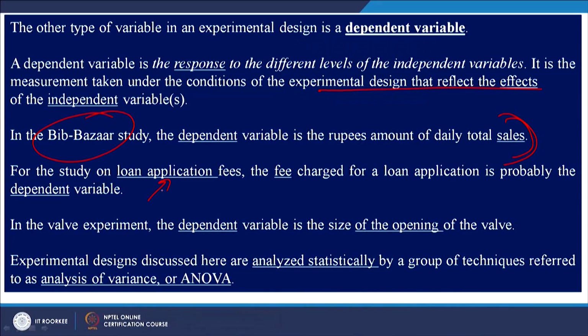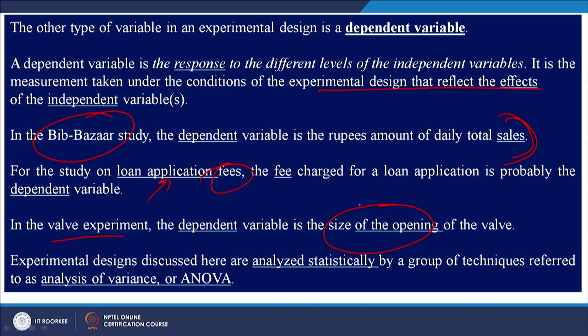We can compare whether there is any significant difference amongst those modes of payment so far as sales in that particular store is concerned. In the loan application example, the application fee is the response variable or dependent variable. In the valve experiment example, the size of the valve opening is the dependent variable.